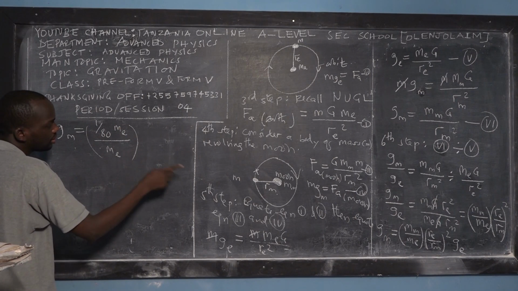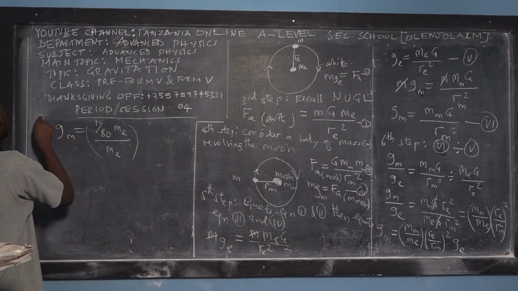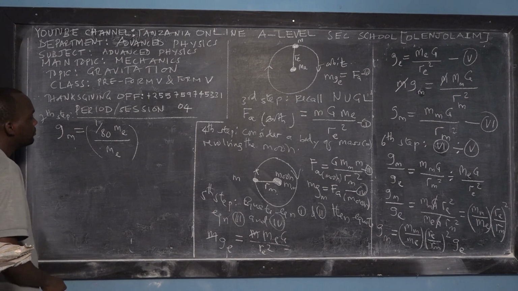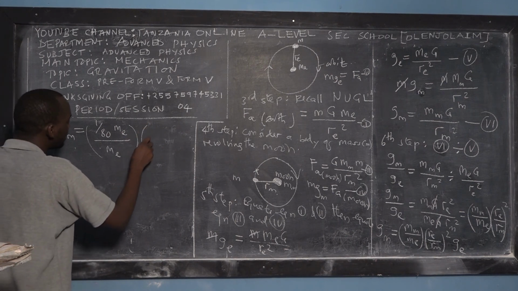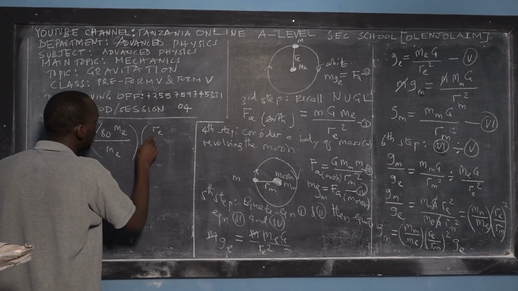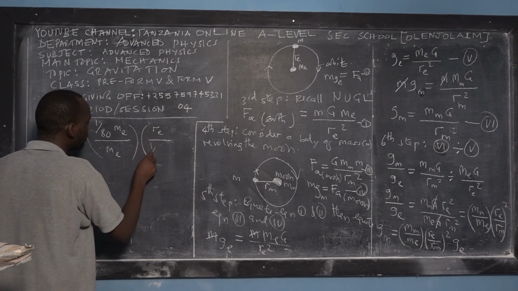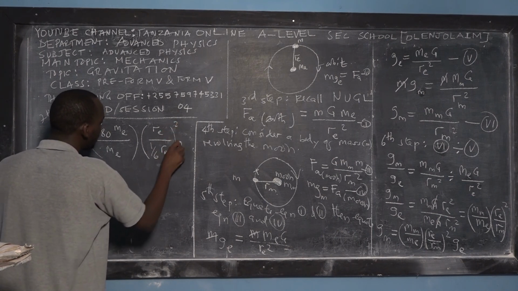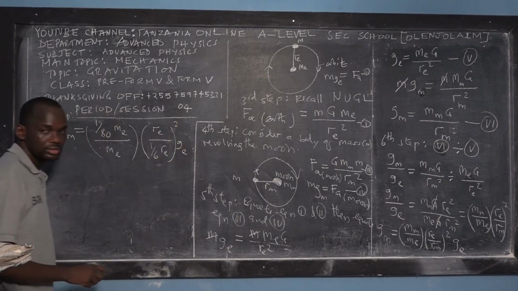So this is the seventh step, where we are computing now. And then we have the radius of the Earth as numerator, and the radius of the moon, which was 1/6 the radius of the Earth, squared, times the gravitational constant of the Earth. Right?